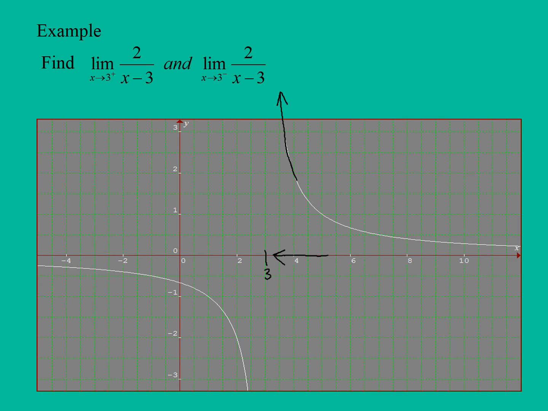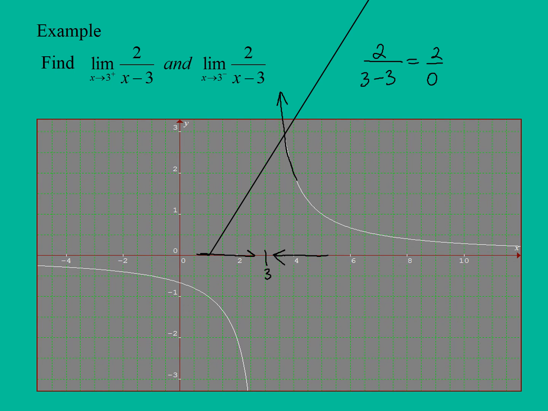Now, if I just directly substituted 3 into that function, I would have 2 over 3 minus 3, which gives me 2 over 0. So that does indicate that we have an asymptote at 3. Now the limit of 2 divided by x minus 3 as x approaches 3 from the left.